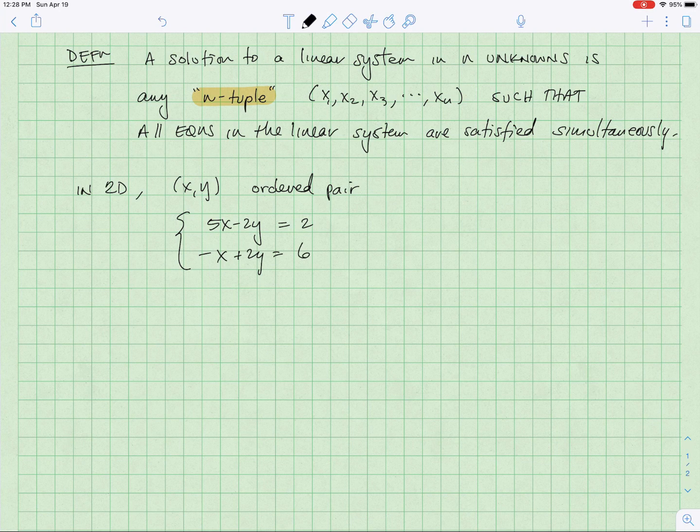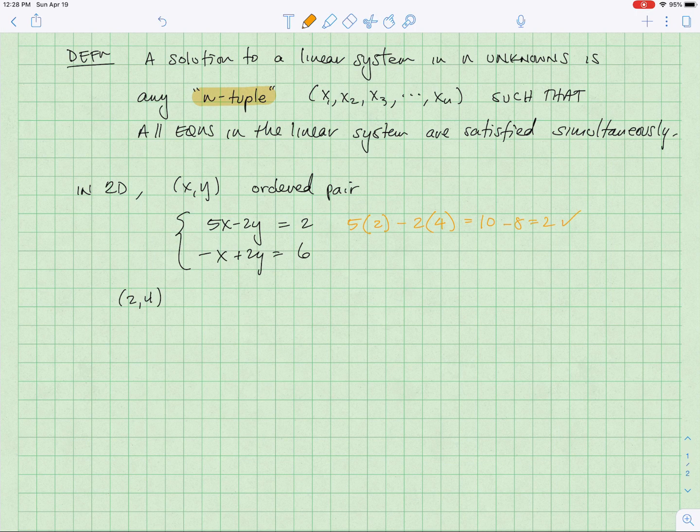If we simply look at the ordered pair 2, 4, maybe, what we're going to see is that 2, 4 is what we call a solution to the system because 5 times the x value 2 minus 2 times the y value 4 is 10 minus 8, which is 2, and it satisfies that equation.